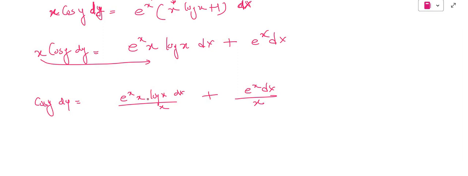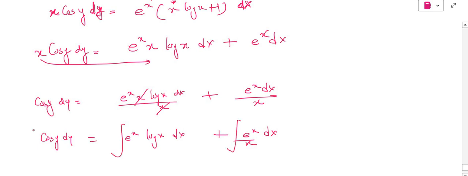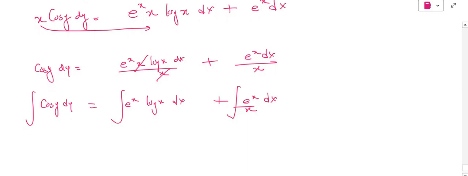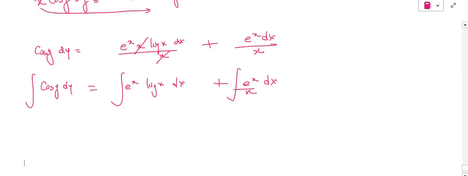Now we will see what we can do. Variable separable is over. Both sides, left side is only y terms, right side only x terms. So cos y dy equals e^x log x dx by x. We are ready to integrate now on both sides because separation is over. Okay, ready to integrate. So the integration of cos y everybody knows is sin y. Correct?